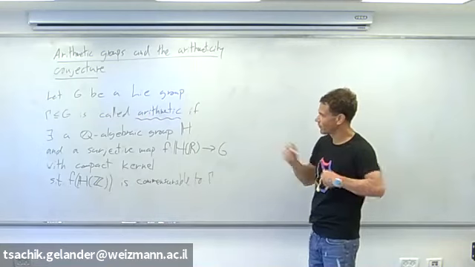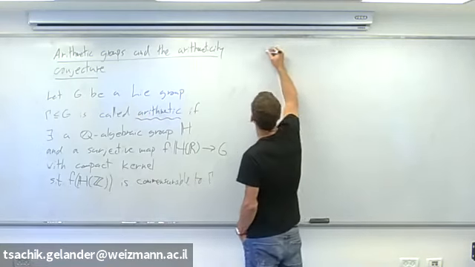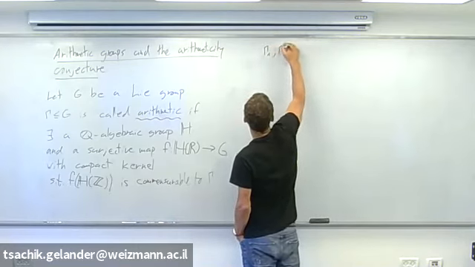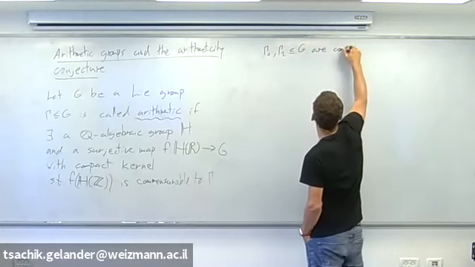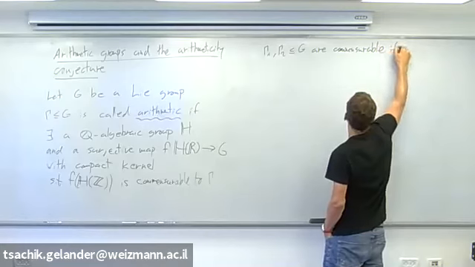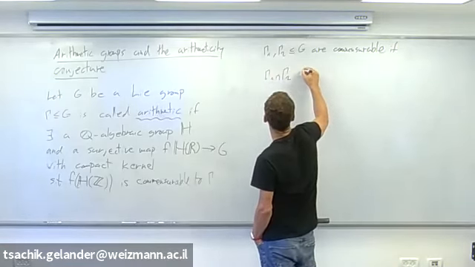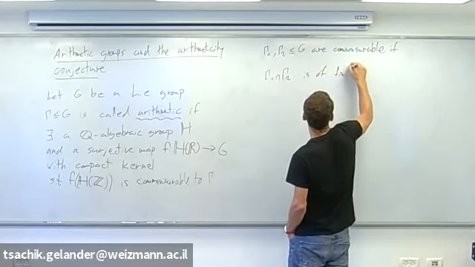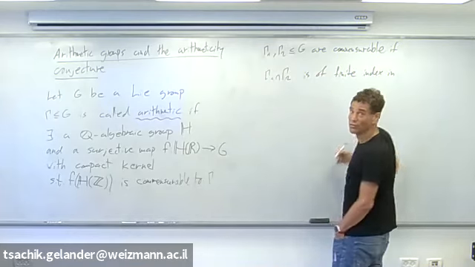So just remarks about this definition. So gamma 1 and gamma 2 inside the group G are commensurable if the intersection of gamma 1 and gamma 2 is of finite index in each.